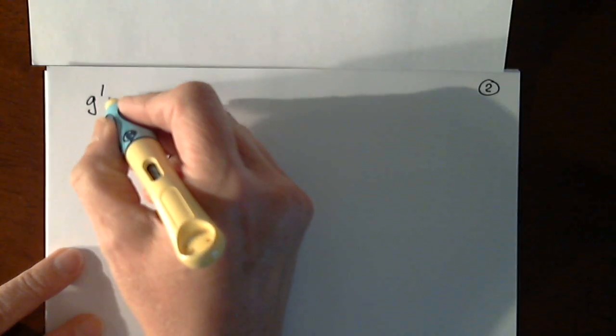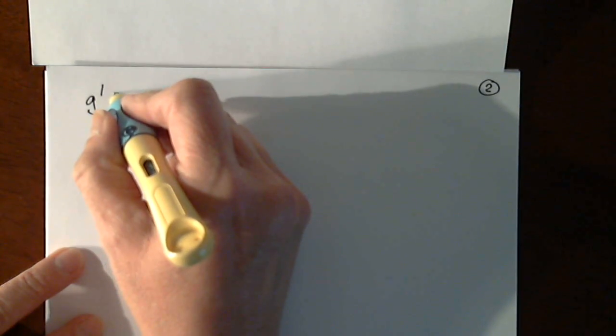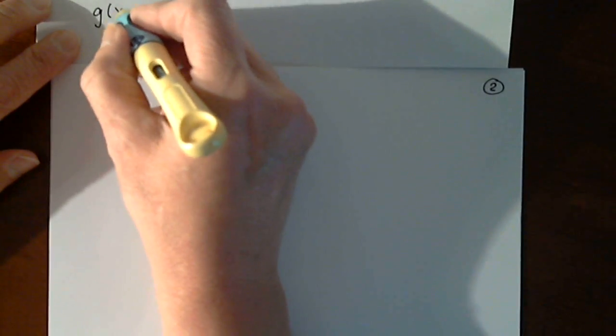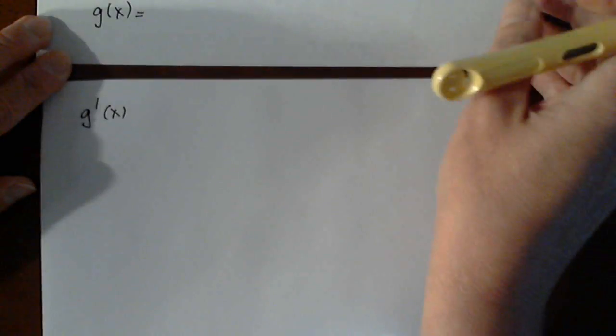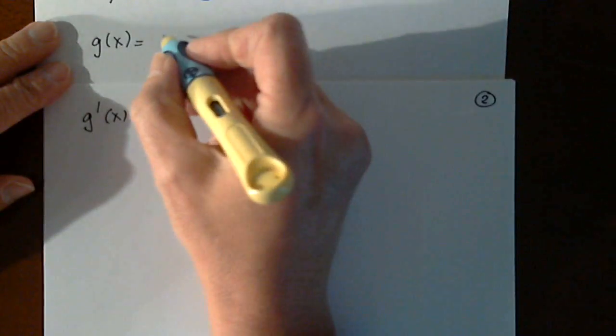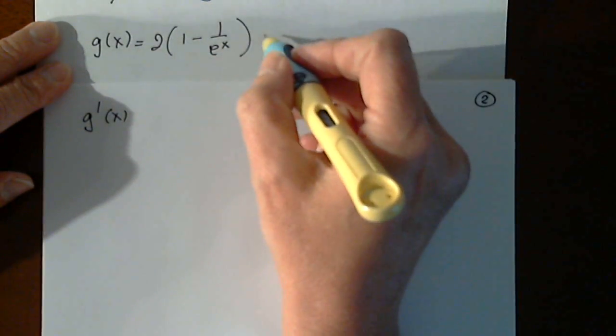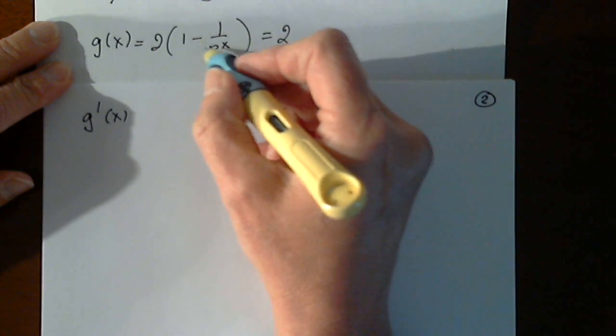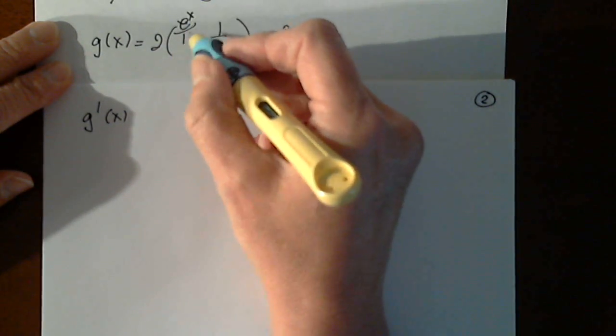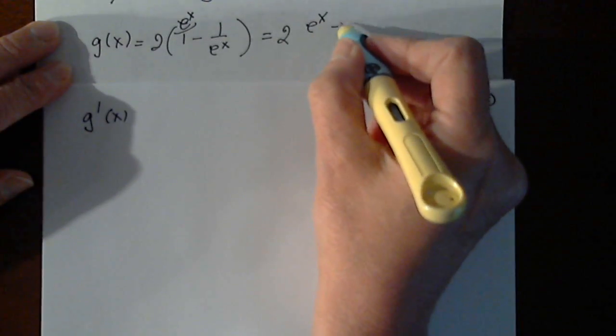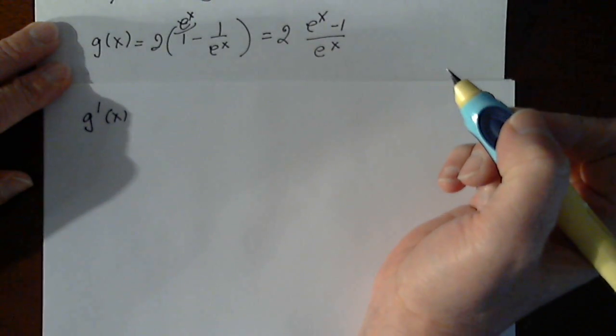So first of all, I'm going to look at the derivative of this function, but not before I show a couple of presentations for this function. Here's one: 2 times 1 minus 1 over e to the x, which is the same as 2 times, finding the least common denominator e to the x, e to the x minus 1 over e to the x.